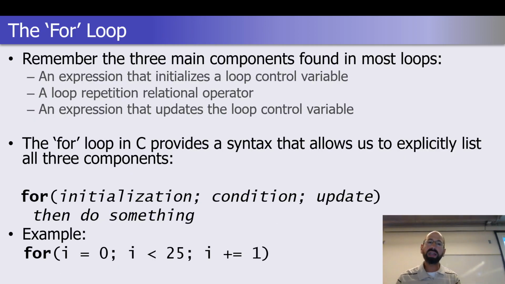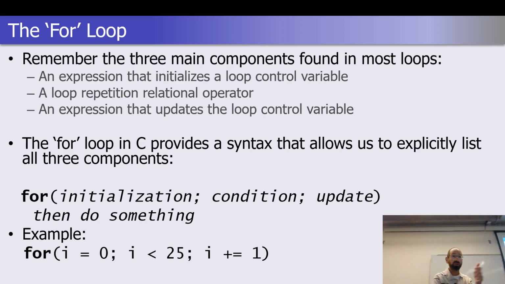And as you've already seen in some of the programs you've been playing around with, we have the for loop construct as well. Again, the three main components that are found in our loops. We have some expression that initializes that loop control variable. We have some relational operator that we're checking repeatedly, to continue or not continue inside the loop.